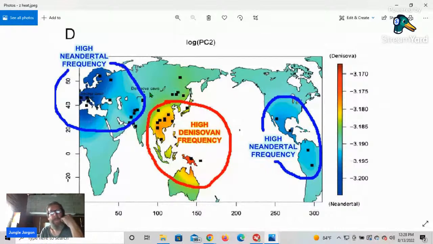But because it's mixed with Denisova too. Denisovan has high frequency in Papua New Guinea, as I've shown before. And of course, Denisova K is way up here, except that this is the area where the C and the D Hamitic haplogroups were. So that could explain why there's such a high frequency of Denisovan in this area.